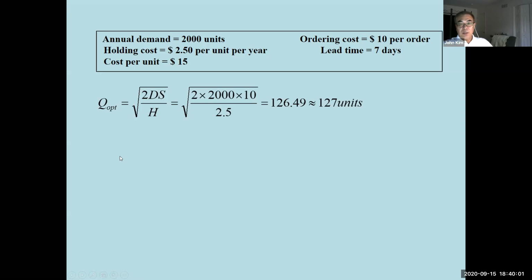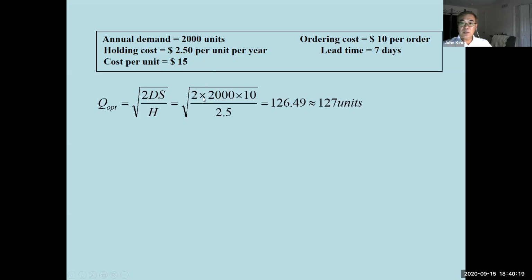Order quantity, square root of 2 times the annual demand times the order cost divided by holding cost.